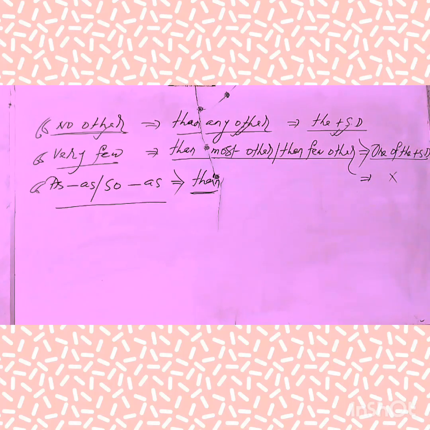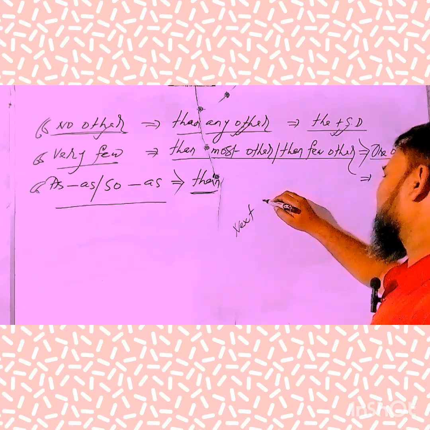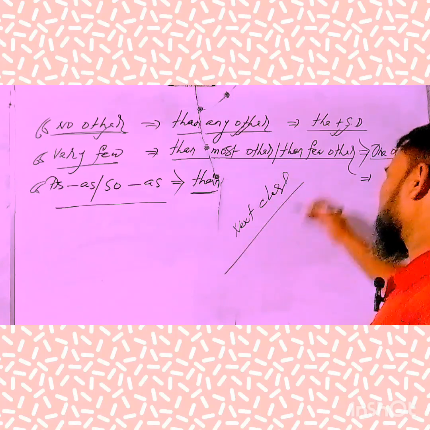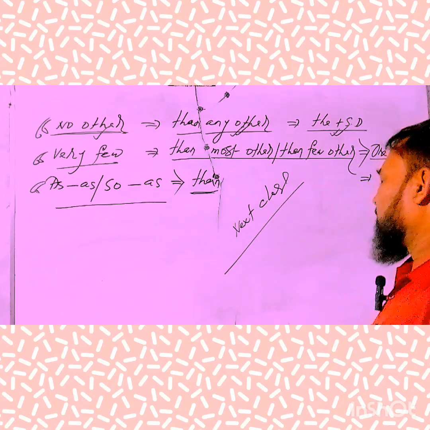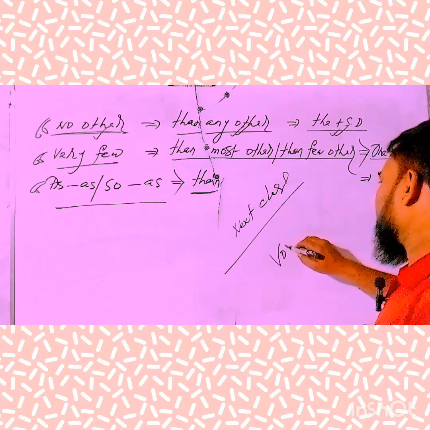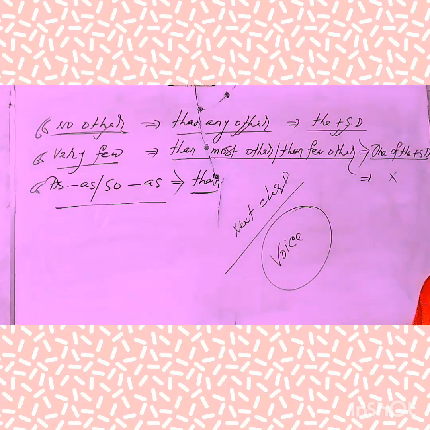My dear learners, from today's class, the discussion of degree I have already finished. From next class, I will try to make various kinds of videos with voice on the branches of changing sentences. You know that there are four branches of changing sentence. Number one, according to the structure pattern: simple, complex, compound.